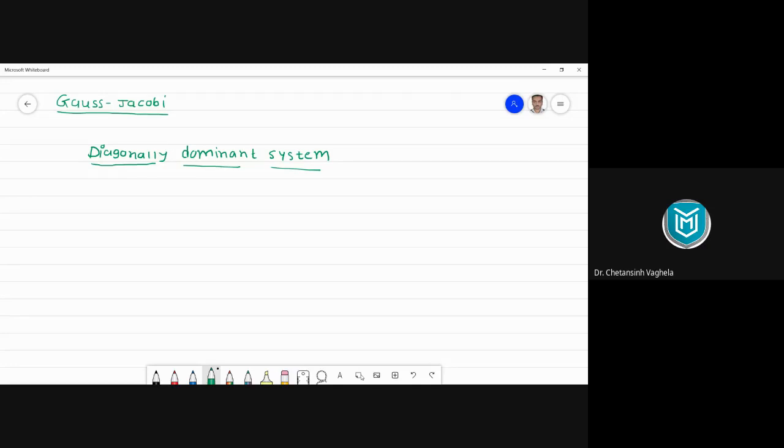Correct. And if my system is A11 x1 plus A12 x2 plus up to A1n xn is equal to, let's say, B1, then my second equation is A21 x1 plus A22 x2 plus up to A2n xn is equal to B2.